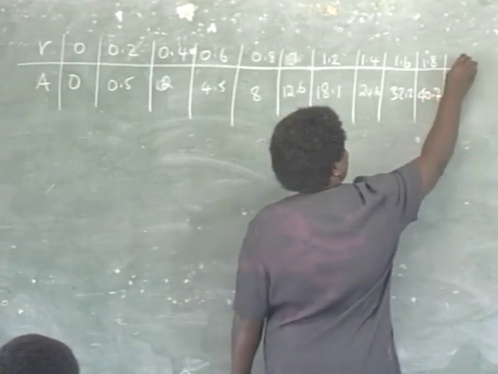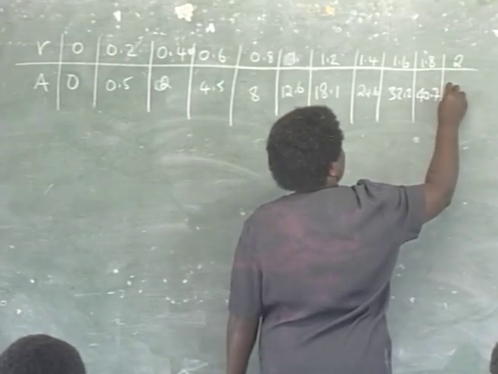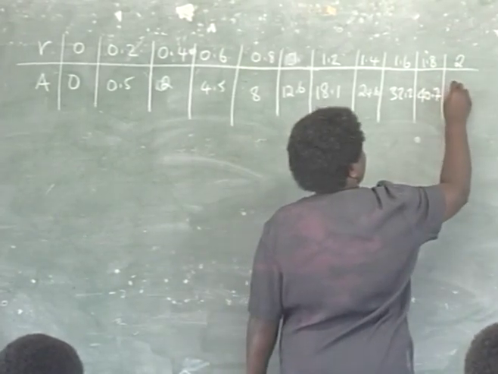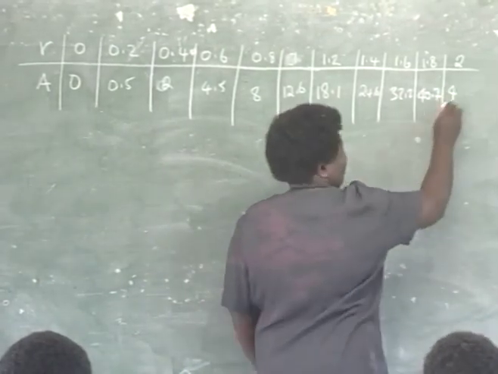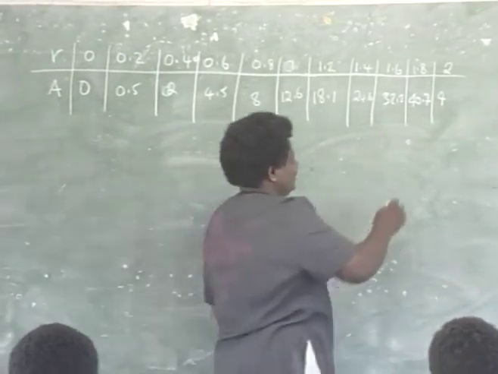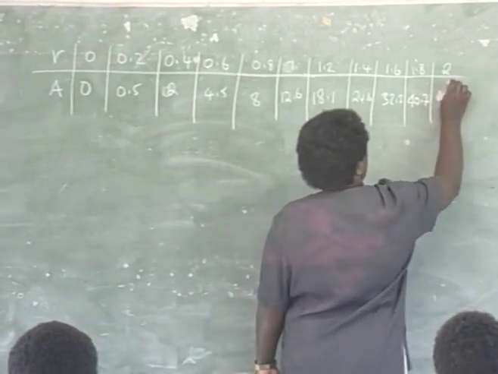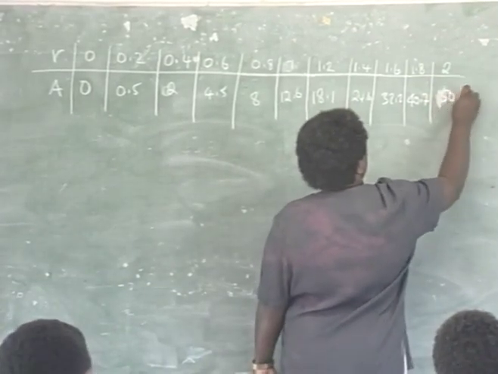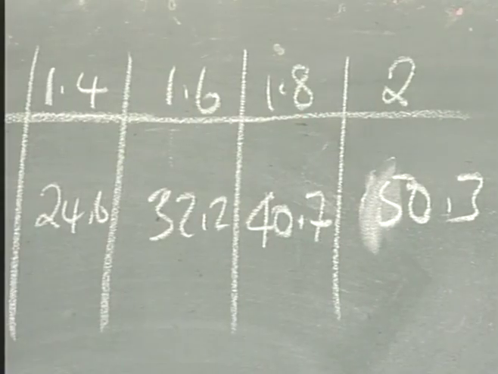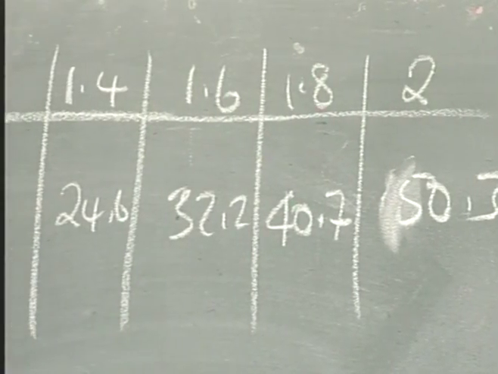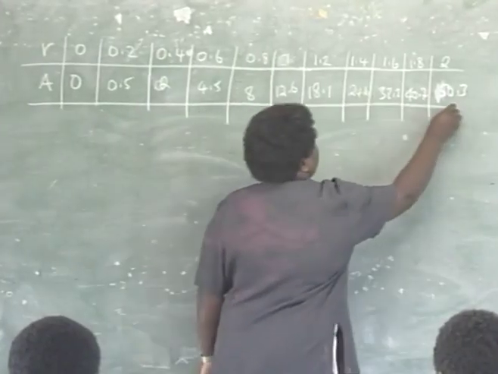When r is equal to 2, a is equal to 50.3. Okay, is the table of values correct according to the one that you've got?